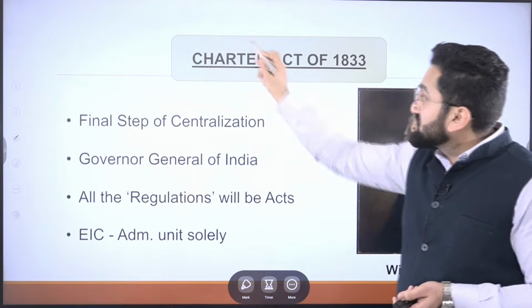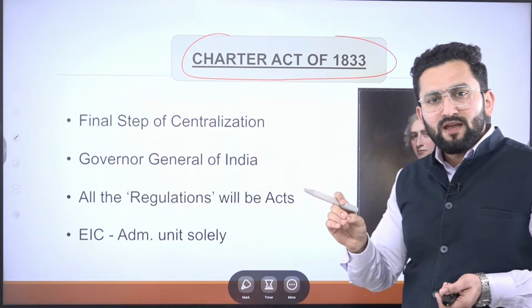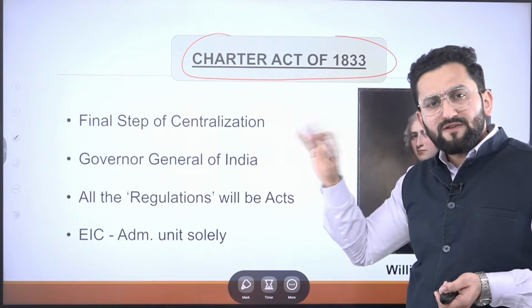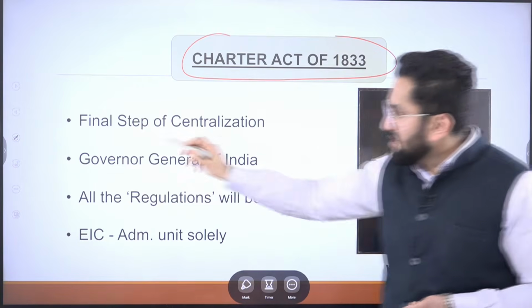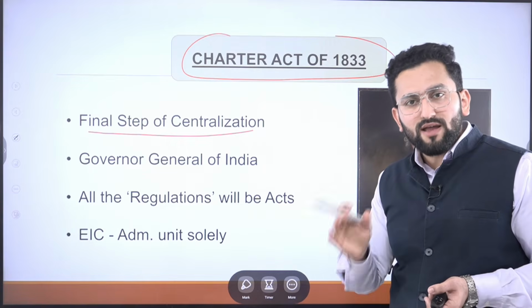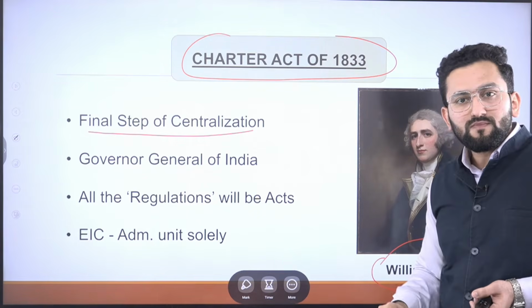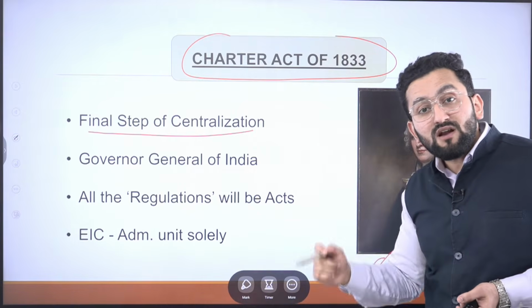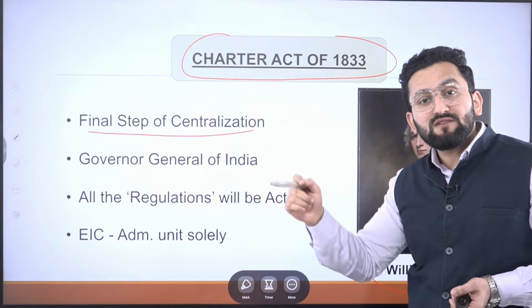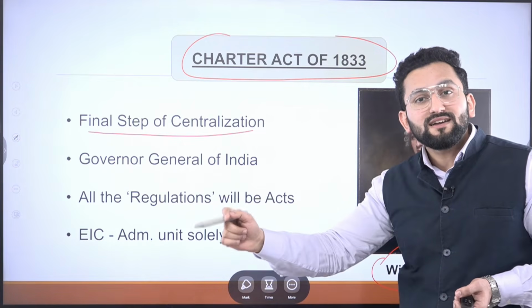Now comes Charter Act 1833. You should remember certain phrases with it. For example, final step of centralization. Why? The reason is, William Bentinck, because now the Governor General of Bengal was given the status of Governor General of India.